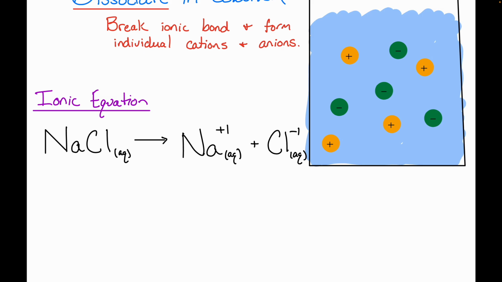All right, let's practice. Let's do another one here. Let's do MgBr2 AQ. Okay, notice that we need our charges for each ion here. So what should I use for my magnesium ion? +2 charge.